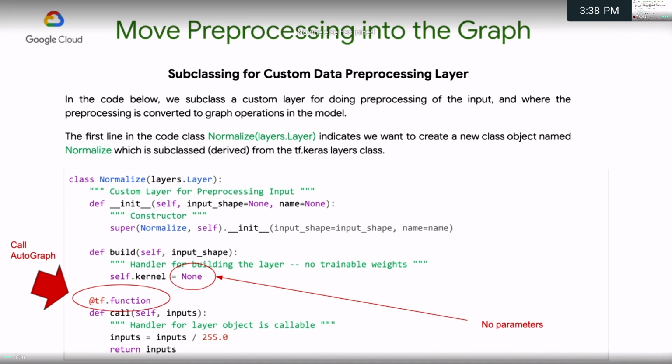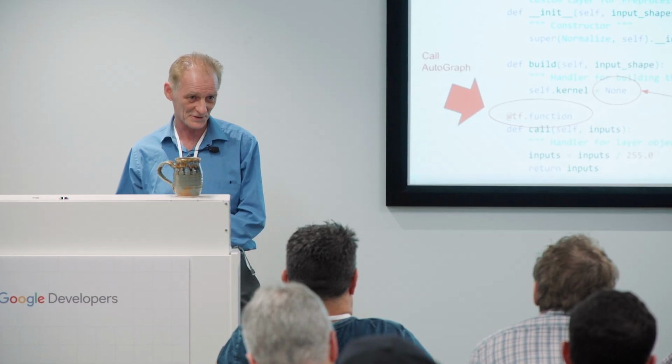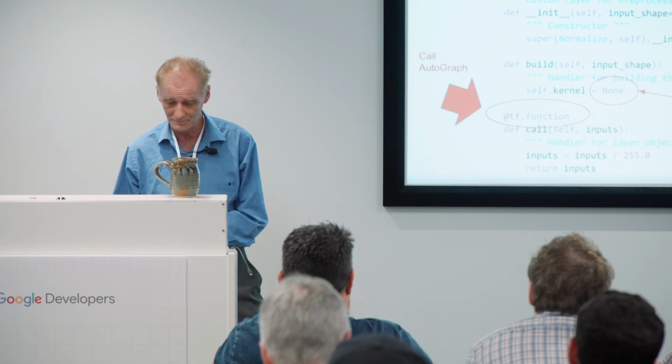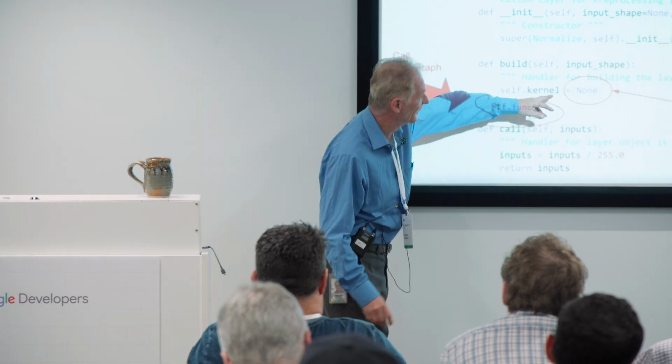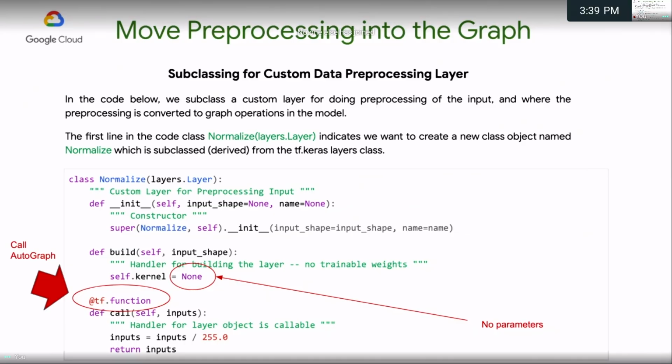So I can easily build a layer here. I'm going to call it normalize, and I'm going to inherit from Layer. A few things I know: this is a straightforward algorithm. There are no learnable parameters, therefore I have no kernel. That's why I set kernel equal to None. That tells the compiler process to not do backward propagation and try to update the values in here, because there are no trainable ones.